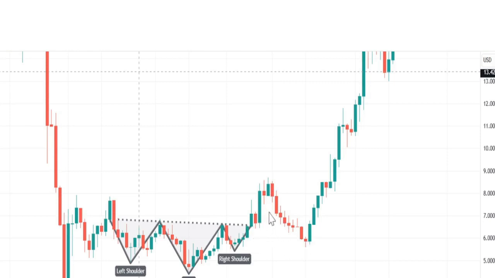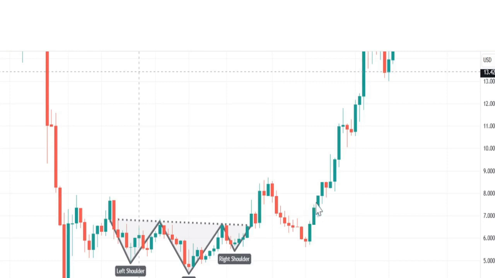It could move downwards towards this line, but you have to wait until it pushes again upwards to above this line, and once the price closes above this line and it surpasses these previous candles, as you could see breaking out on these candles, you could place your order just above this level.